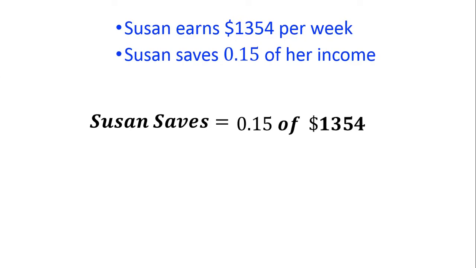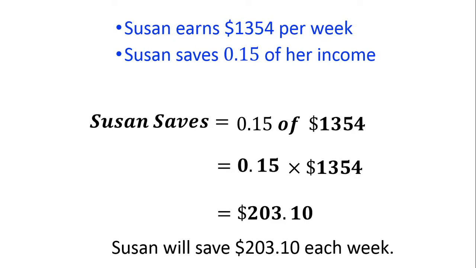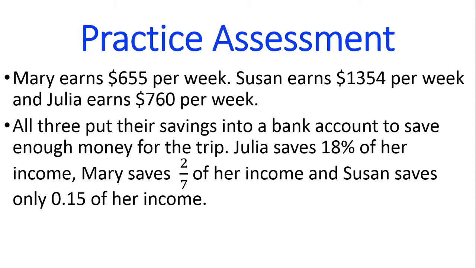So Susan is going to save 0.15 of the 1,354. So we've got our 0.15, we change the of into a times, and then we put this into a calculator, and we get an answer of $203.10. So lastly, I just need a sentence. Susan will save $203.10 each week. So that's our second skill. So we've just done 2 skills now.